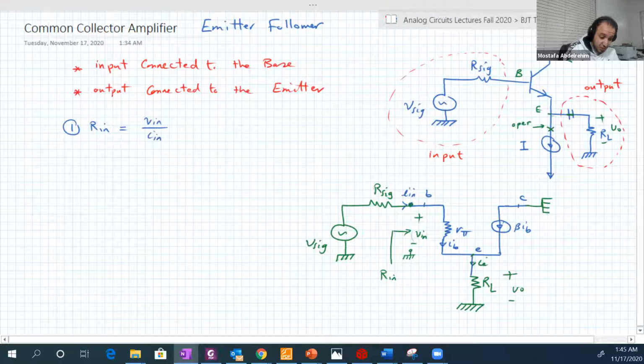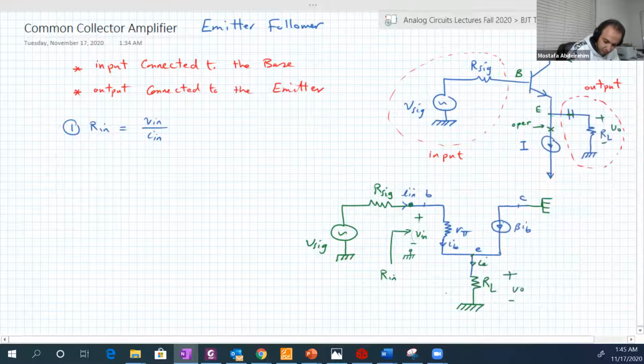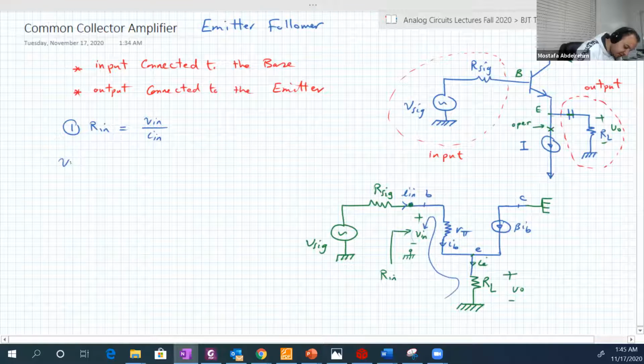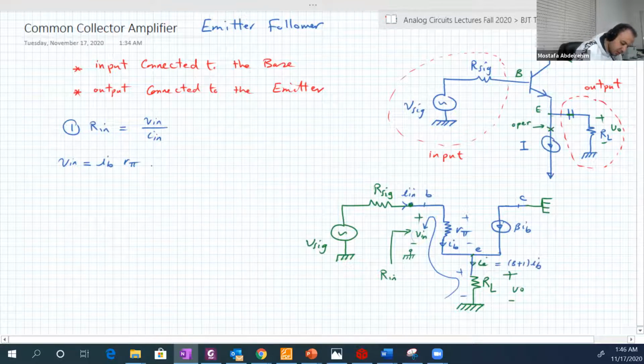So what is V input? V input is the voltage between this point and the ground. If we make a loop like this, we find that V input is equal to IB r pi, the voltage across r pi, plus the voltage across RL. The current in RL is IE, which is beta plus 1 IB. So plus beta plus 1 IB RL.